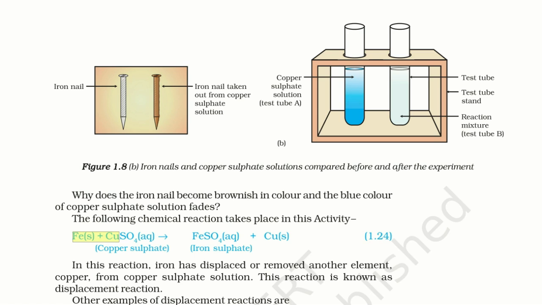Between these two metals, iron was slightly more reactive than copper, which displaced copper from its compound and it became iron sulfate solution, while the displaced copper now was acting as a copper element. This, what you saw over here, is called displacement reaction.